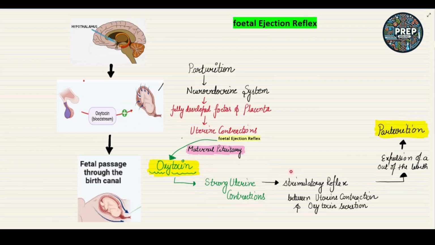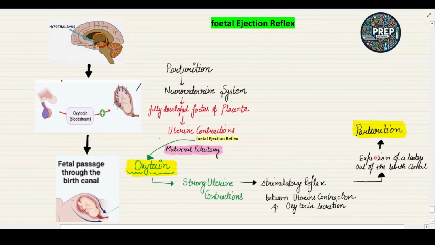This stimulatory reflex between uterine contraction and oxytocin secretion releases stronger and stronger uterine contractions that lead to the expulsion of the baby out of the birth canal.